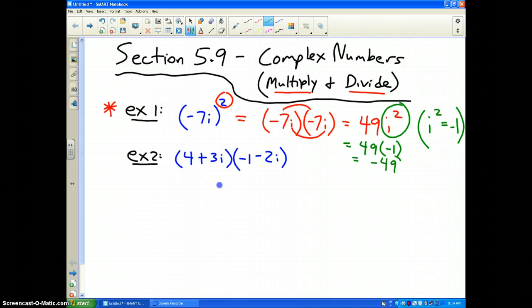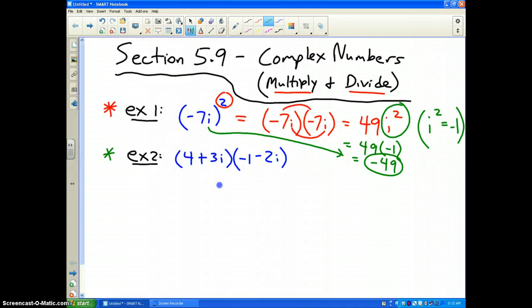And so my final answer is negative 49. That is what negative 7i to the second power is. And that's how you handle situations dealing with squares or cubes or anything like that.